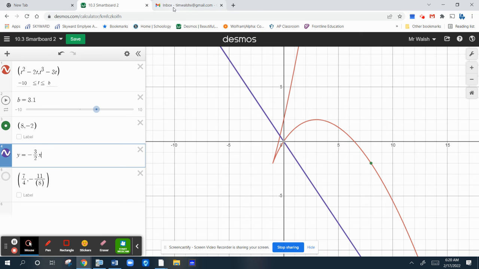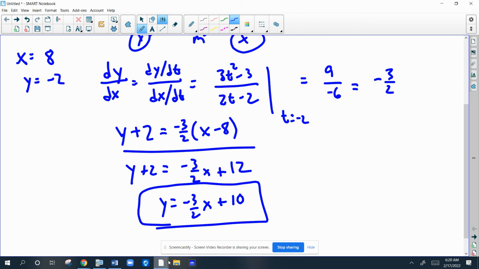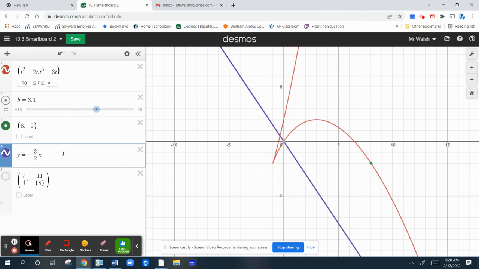And I forget, I think it was -3/2x plus 10. So I'll add my plus 10 to that tangent line. And then it should look like a tangent line at that point. And it is. So that's a really good visual check, and that's it. Pretty cool.